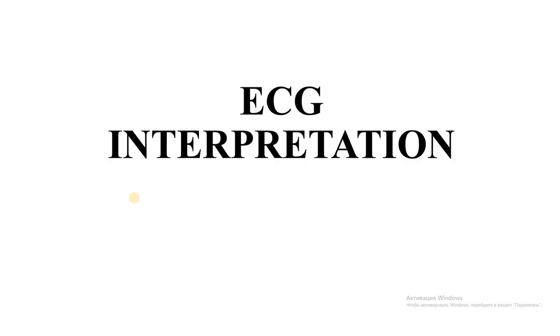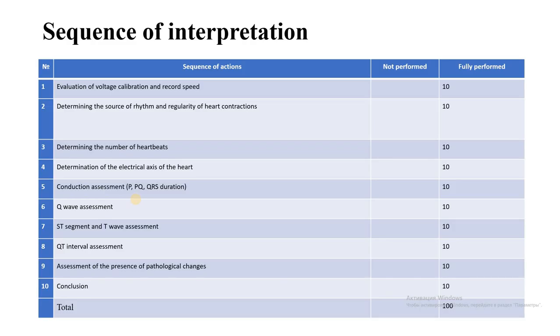Today our topic is ECG interpretation. There are 10 steps of ECG interpretation. First one is evaluation of voltage calibration and record speed. Next one, determining the source of rhythm and regularity of heart contractions.